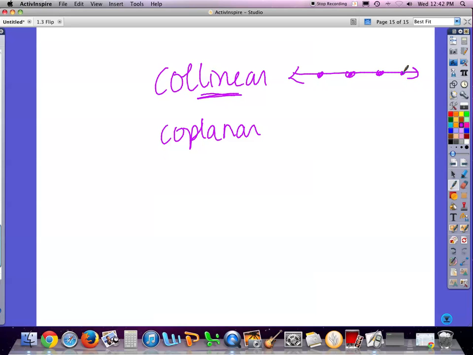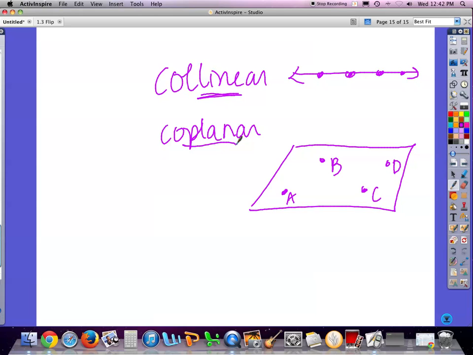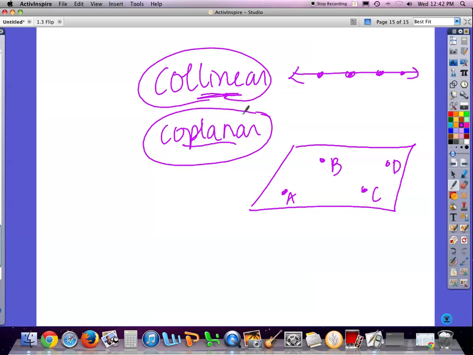If I say draw some coplanar points, then all those points are on the same plane. Notice how it has the word plane in there to kind of give that away. So points on the same line, collinear. Points on the same plane are considered coplanar. Once again, those questions I probably asked like every day since we started the chapter.